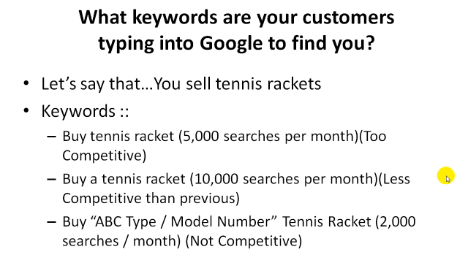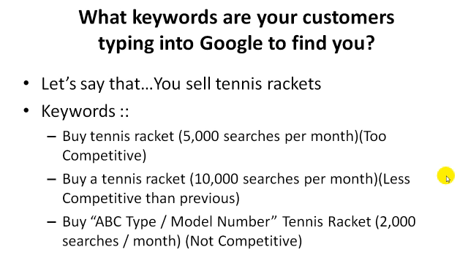Now, going back to this example, if I'm selling a certain model number and a certain type of tennis racket, then it would make more sense for me to go after a keyword like "buy ABC type" or some sort of model number tennis racket. Let's say I do some keyword research, and it only shows that 2,000 potential customers are searching each month.